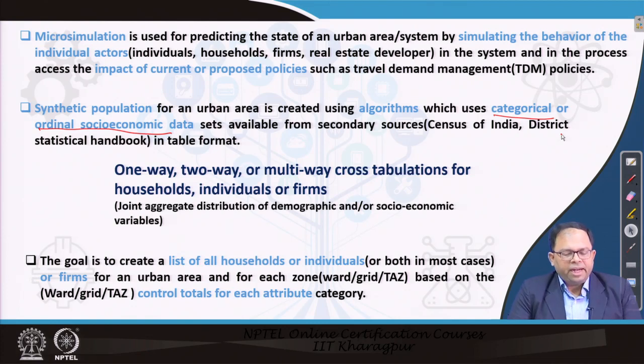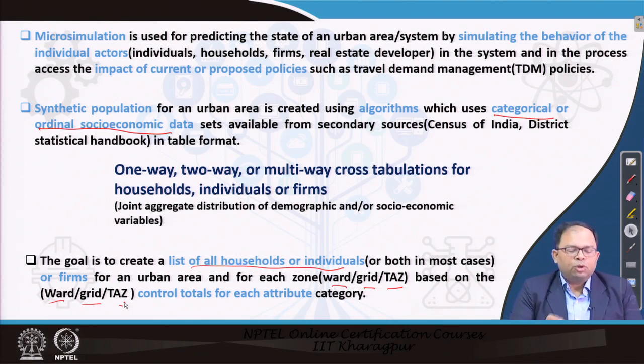If we can create these multi-way tables, they can be used to create a list of all households or individuals, or both in most cases, or firms, for an urban area and for each zone, which could be a ward, a grid or a TAZ, based on the control totals for each attribute category for that particular ward, grid or TAZ.